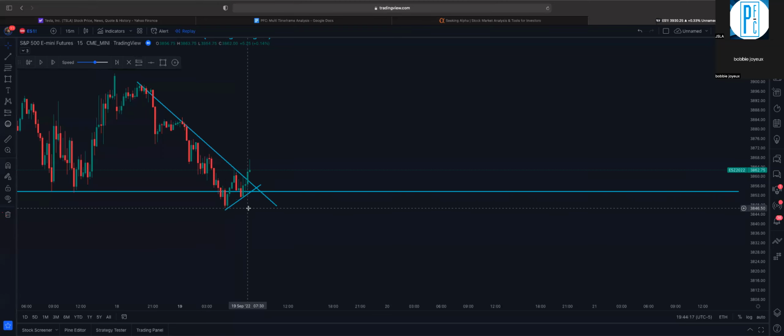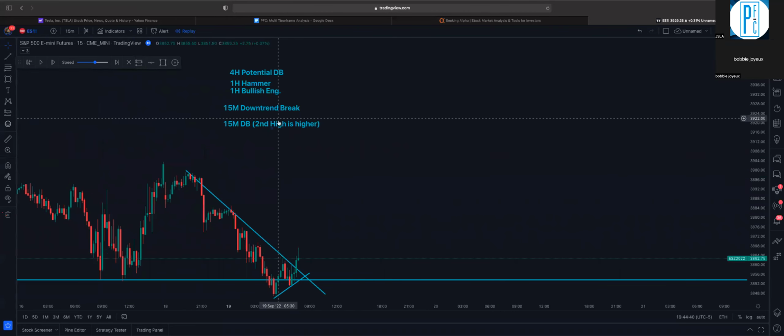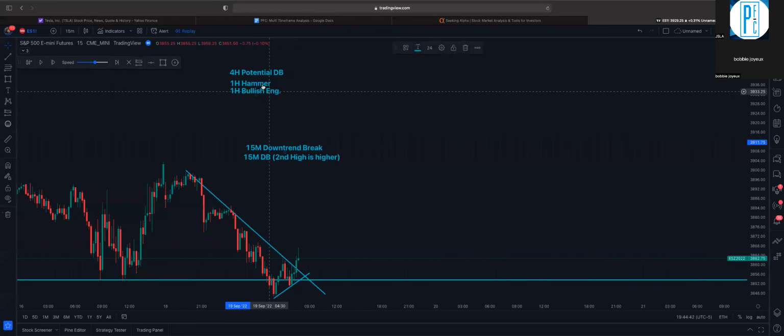Most traders think that every double bottom or every stock has to come back exactly to that level. So most traders missed out on this move up because they were thinking that price was going to come back to this double bottom. That's not always the case. Sometimes it will stop higher, which actually creates an even more bullish scenario. Okay. So now we have all of these contexts, right? So we have, there we go.